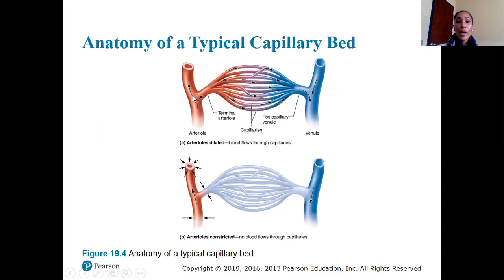When we want blood flowing through the capillary bed, the arteriole will dilate. Blood will enter into the capillary bed here, flow through to the postcapillary venule, and then flow back to the heart. When we want no blood flowing through the capillary bed, then we will have a shunt that will close so that blood, instead of flowing through the capillary bed, will just continue flowing through this arteriole.